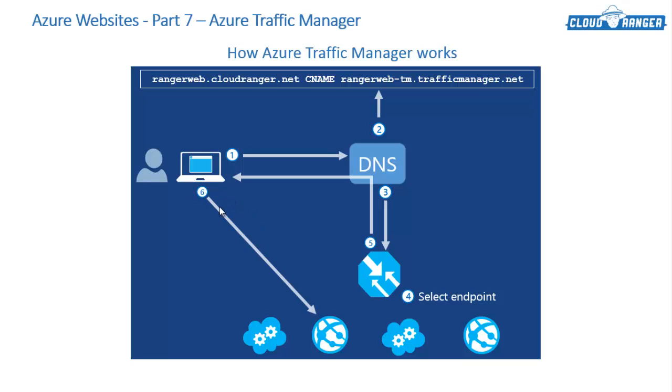It basically just provides you the DNS entry to the website, the one that will serve you directly. So unlike traditional load balancers where the traffic actually flows through the load balancer to the site and back in and out of the load balancer, this is not the typical case. Traffic Manager is definitely not your typical load balancer.